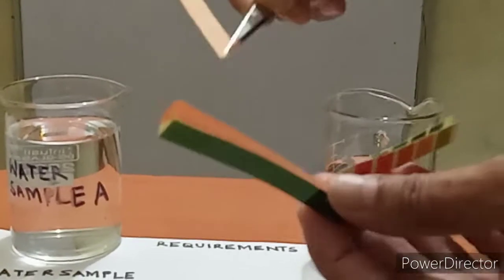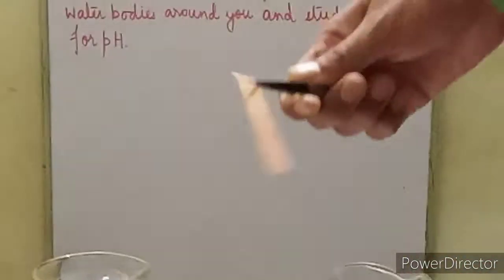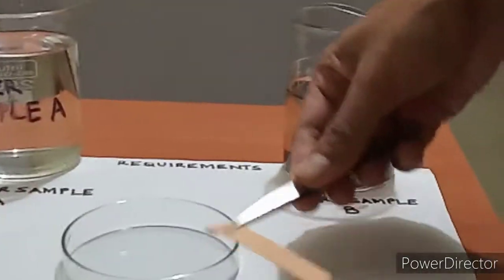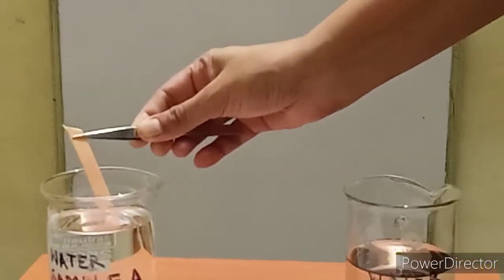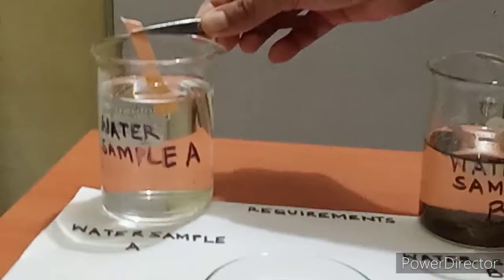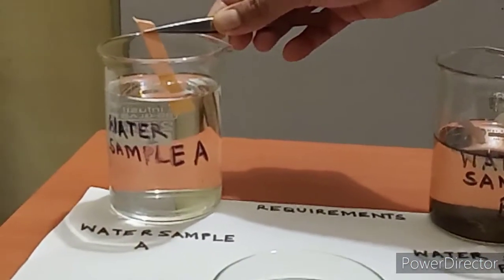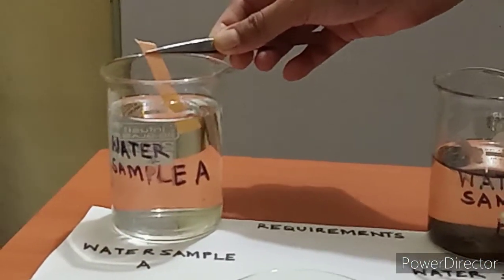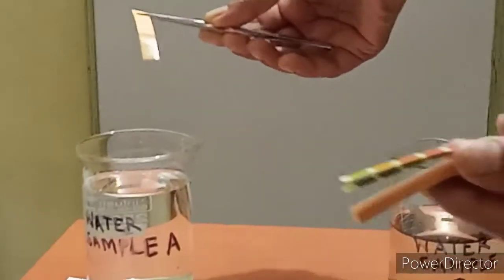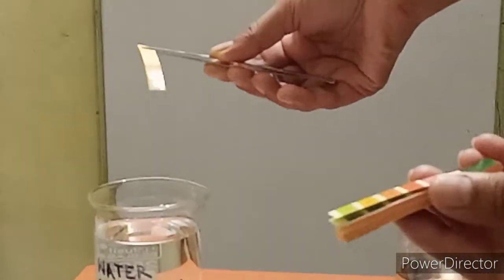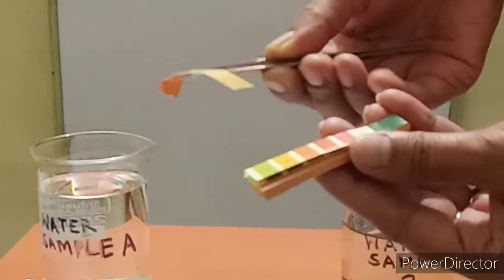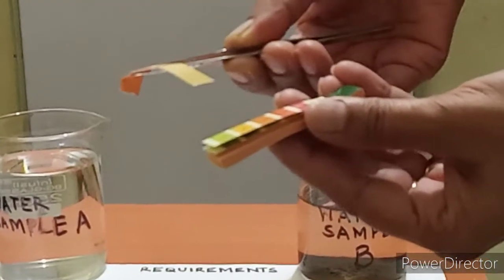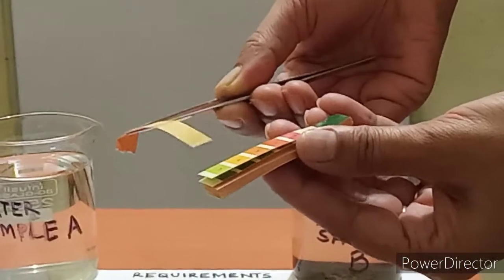We will take the pH paper, holding it with the forceps, and then dip it in sample A for a few seconds, and then remove it from the sample and place it against the broad range pH paper scale.